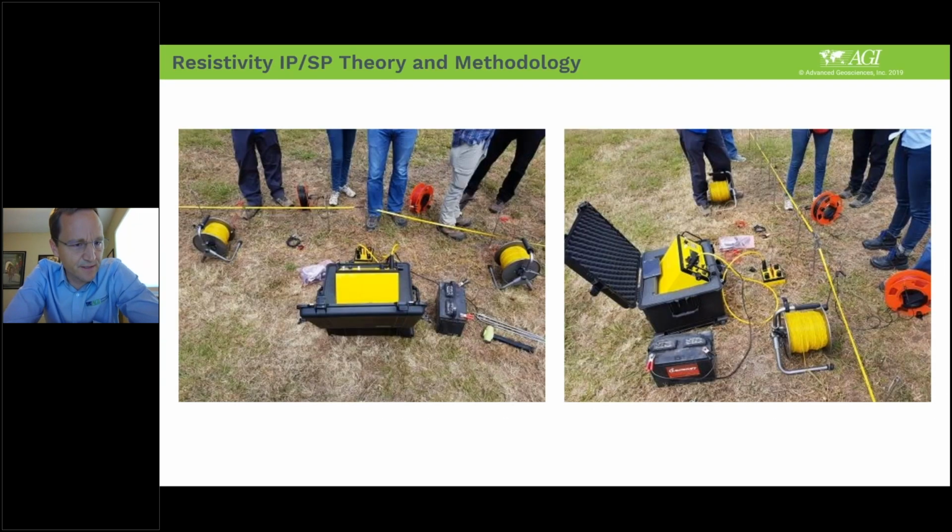Here's a picture of the Super Sting on the ground with some large cable reels, and a battery, and a hammer and some stakes. This is the general layout here. This battery is sitting directly on the soil, which is probably okay, but it's better to have it raised up because this looks like a wet cell.